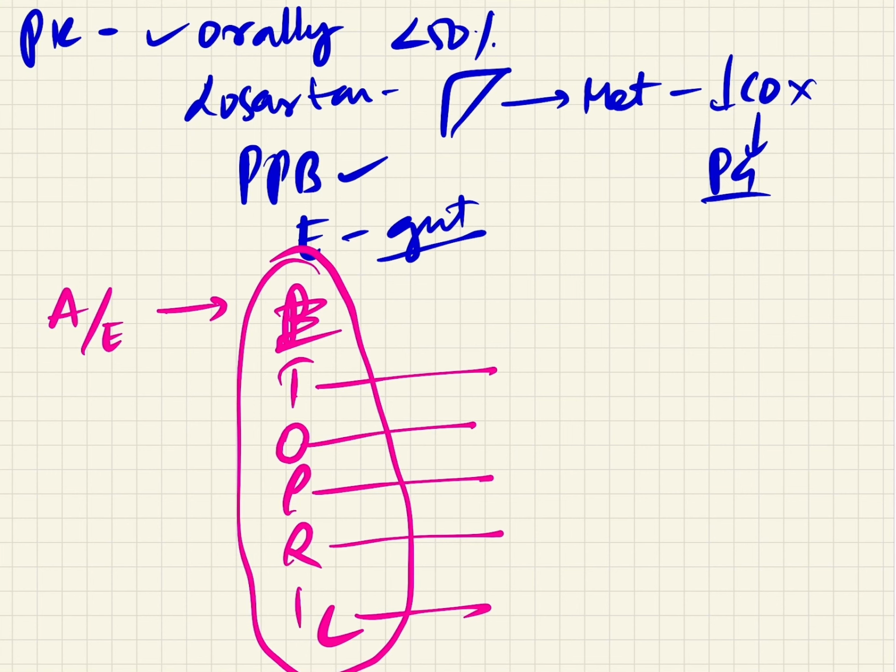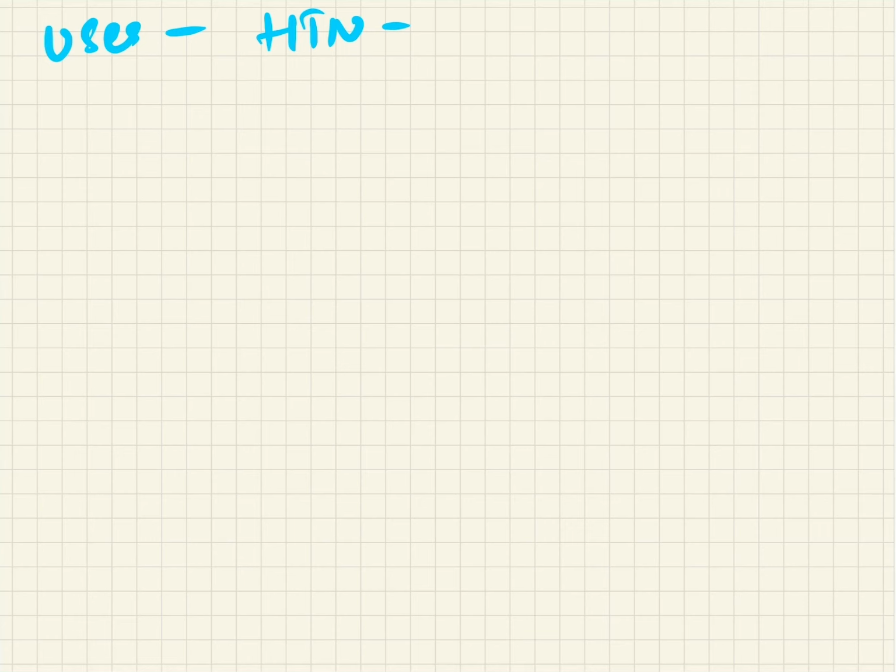Now coming to the uses. Antihypertensive drugs, they are used in hypertension as an alternative to the ACE inhibitors in people who get lots of cough and angioedema, and they can be combined with diuretics. When we talked about the angiotensin converting enzyme inhibitors, they should not be combined with diuretics, but here we have no problem, you can combine it with diuretics.